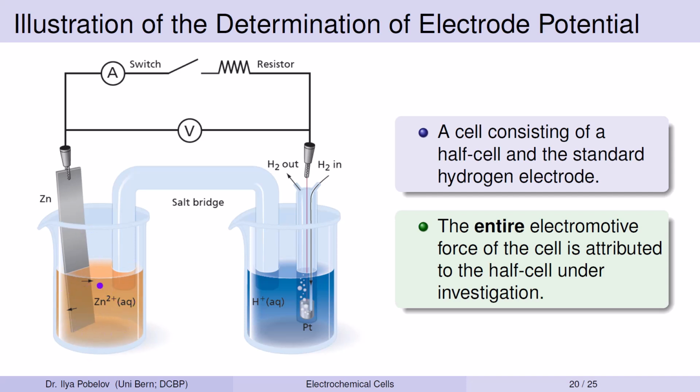For example, if we measure the cell potential of a zinc half cell against the SHE, the measured electromotive force of the entire cell is assigned as the electrode potential of the zinc half cell specifically.